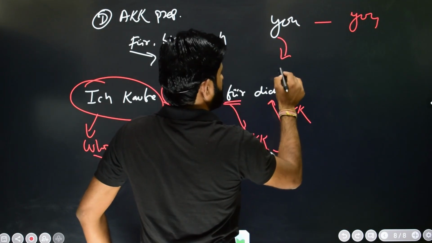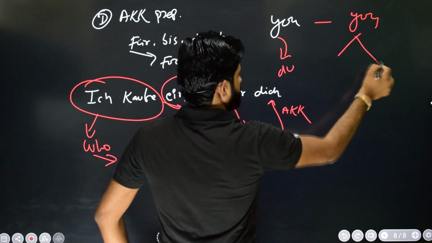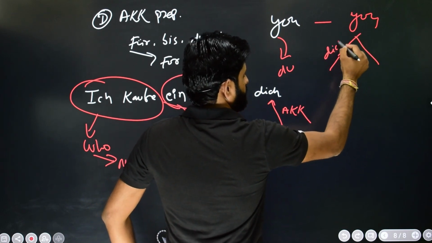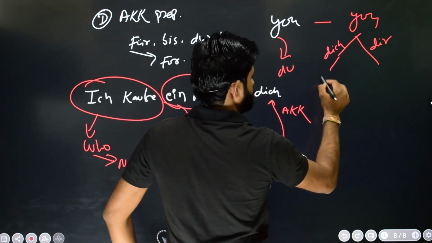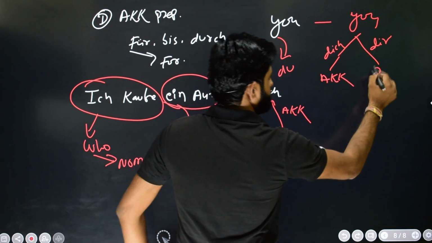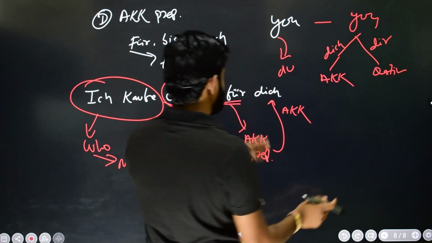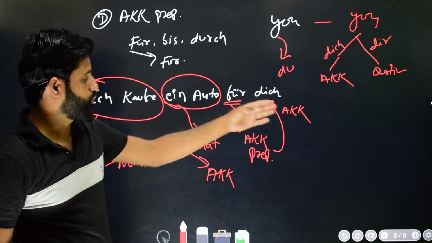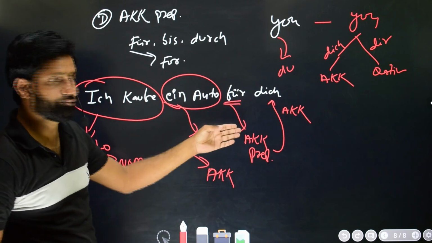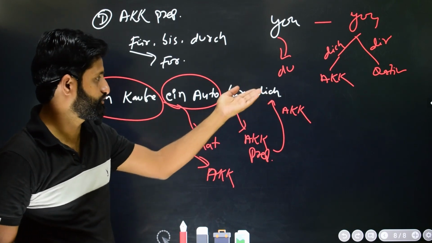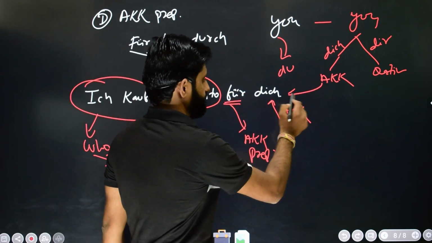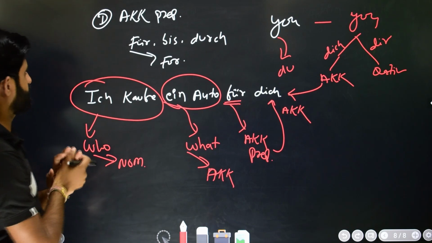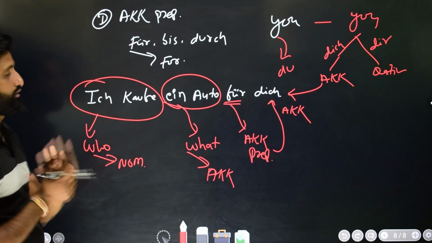This you will be nominative, but this will have two parts, this and that. This is accusative and that is dative. So which you would we need over here? We would need the accusative part. Why? Because we have an accusative preposition, für. That is the reason we have used this here. I hope it is clear now how to identify the accusative part.